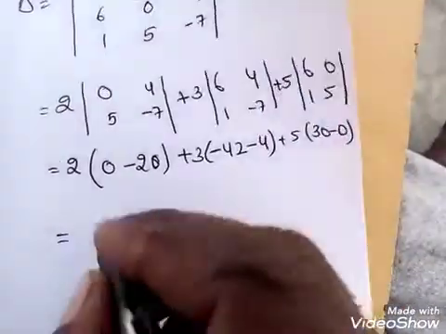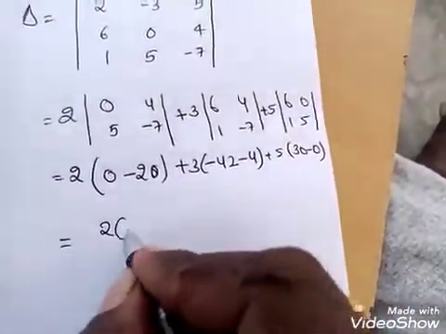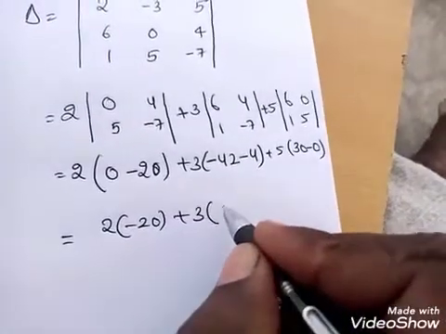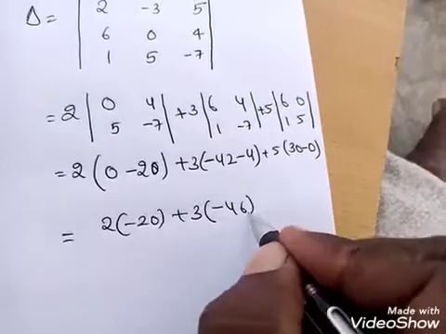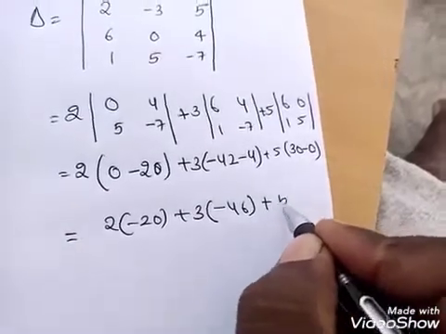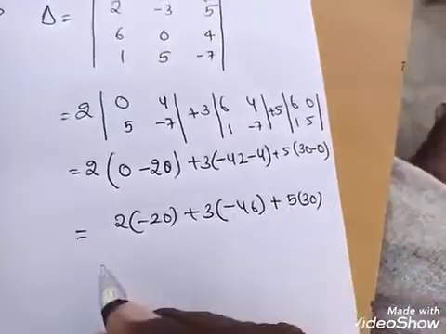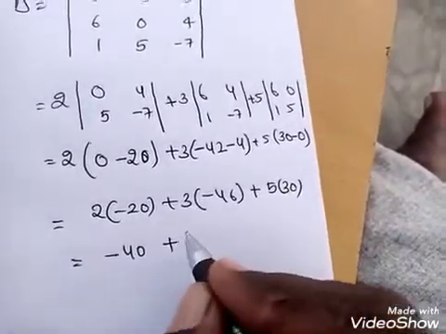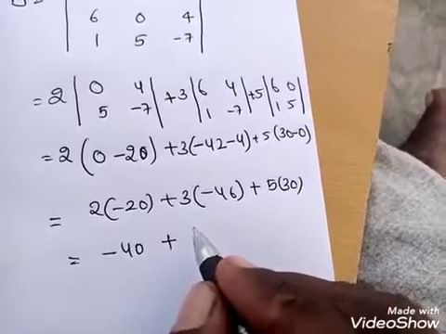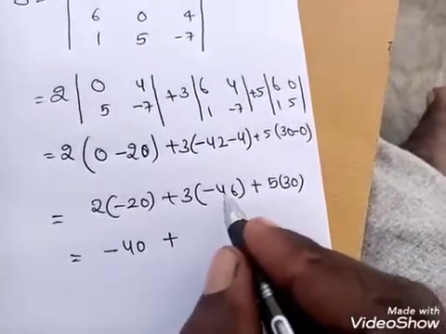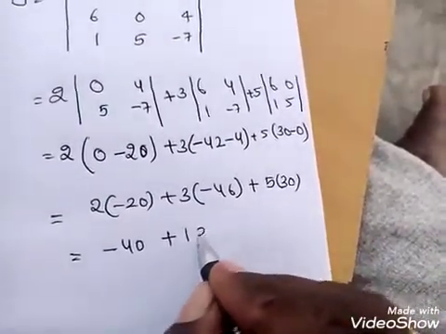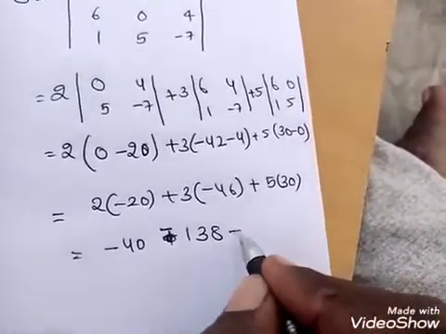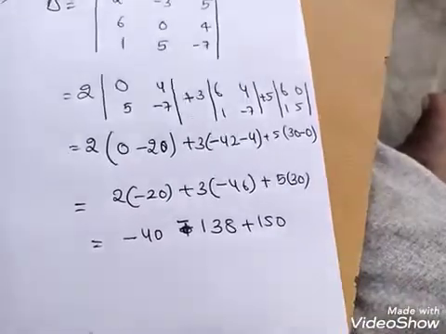Now observe, this is 2 into minus 20 plus 3 into minus 46 plus 5 into 30. This is minus 40 plus 3 into 46, that is 138, minus 138, and plus 150.